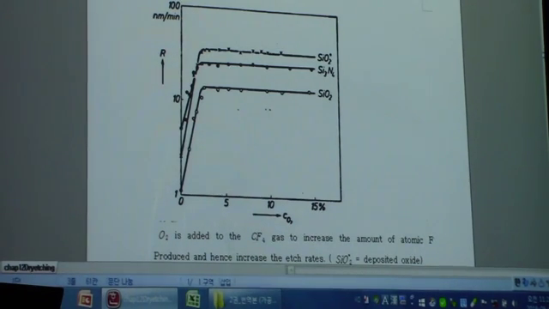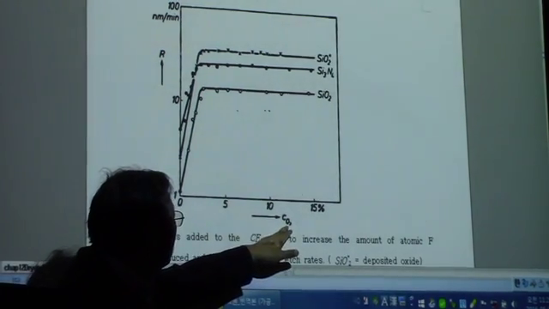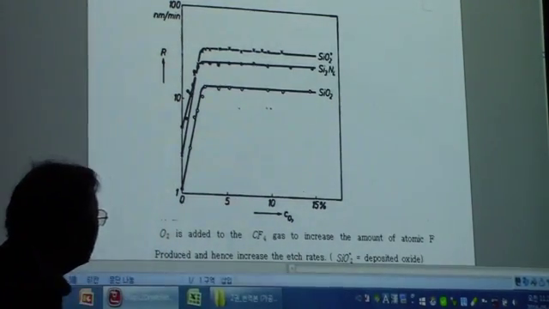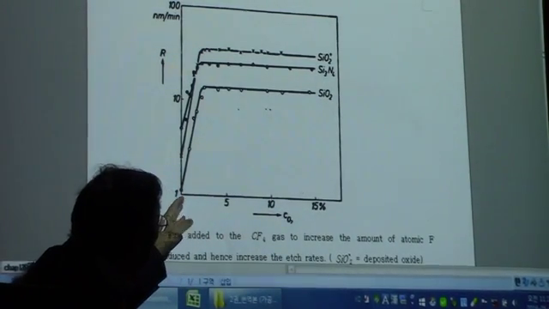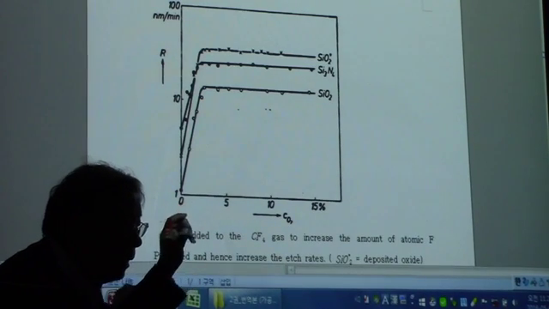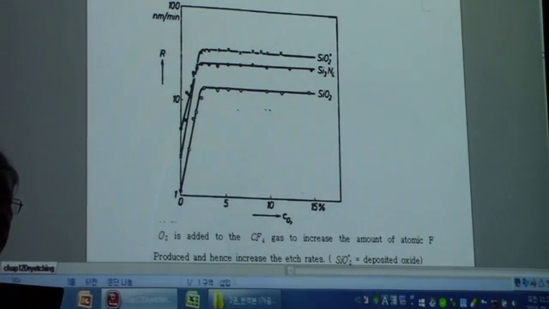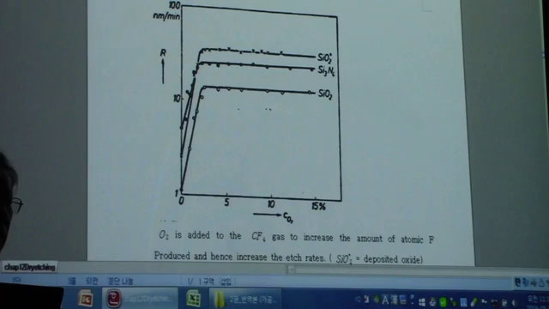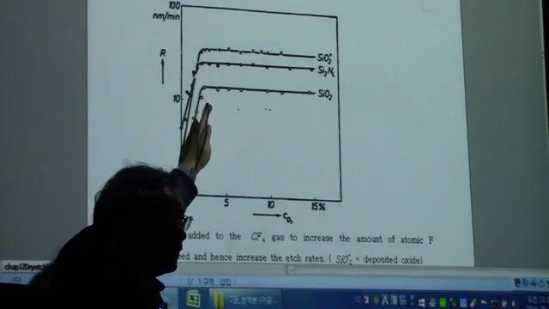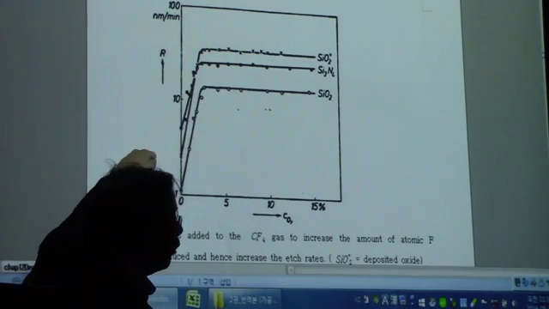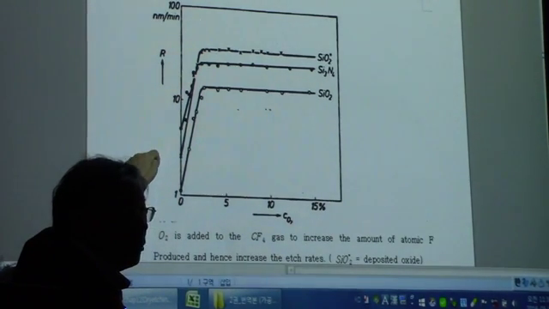etch rate is on the y-axis and the oxygen content is on the x-axis. Then you can see that as you increase the concentration of oxygen in the carbon tetrafluoride gas in the plasma, there is a monotonic, exponential increase, because it's a logarithmic scale on the y-axis.